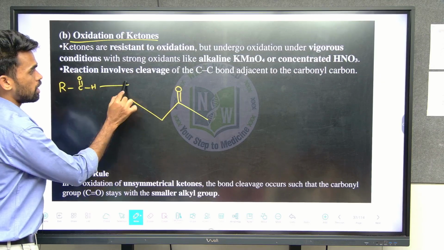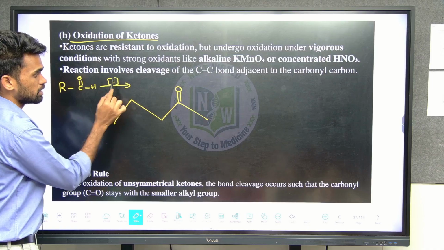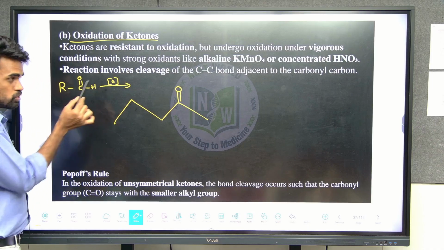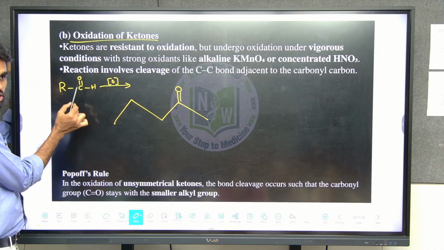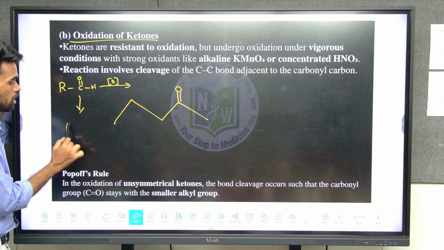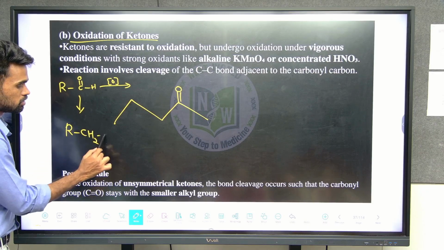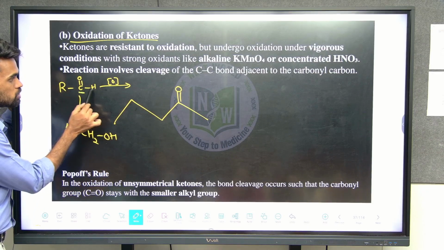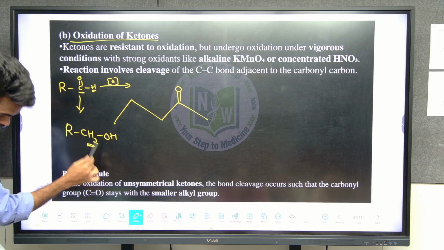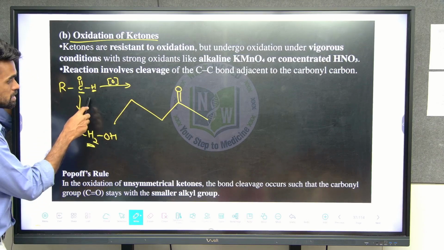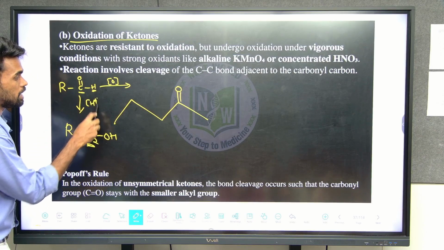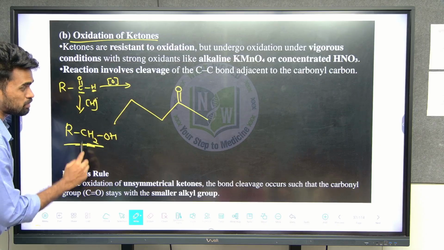Now you are oxidizing this, which means you just need to add oxygen, not hydrogen. If you are converting into alcohol, what are you adding? See, only one hydrogen is there previously. You are adding more hydrogens. It means this is called a reduction. Conversion of aldehydes to alcohols is a reduction.